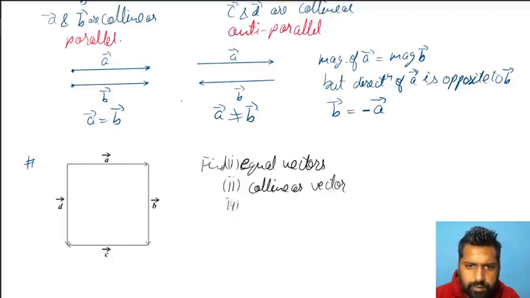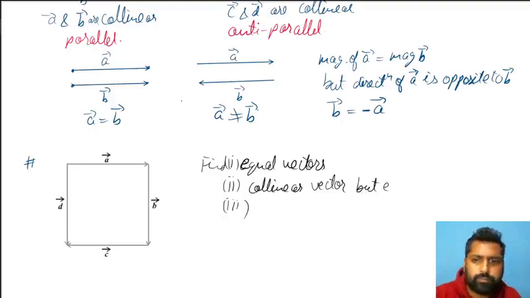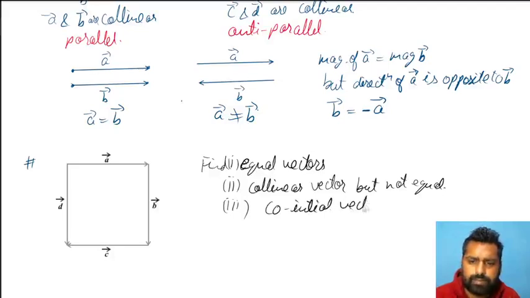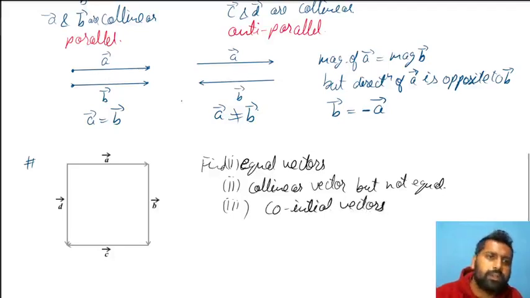Third, you have to find collinear but not equal. They should be collinear but not equal. And lastly, you have to find co-initial vectors. Very simple question.